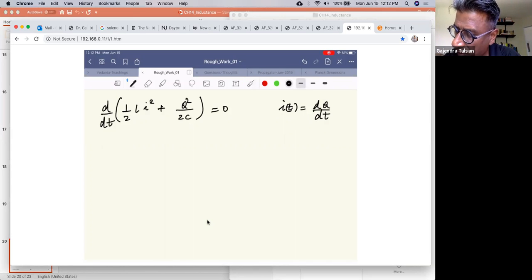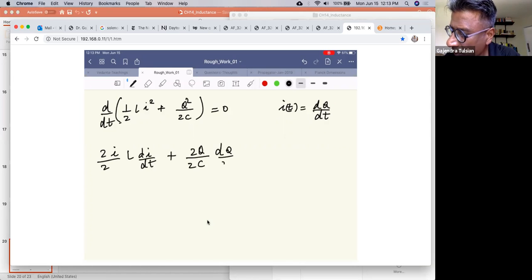So now we'll apply the chain rule and take the derivative. That's 2I by 2 L dI by dt plus 2Q by 2C dQ by dt equal to 0. Now the 2 cancels, and I is dQ by dt.